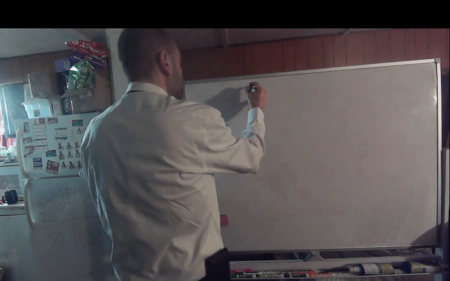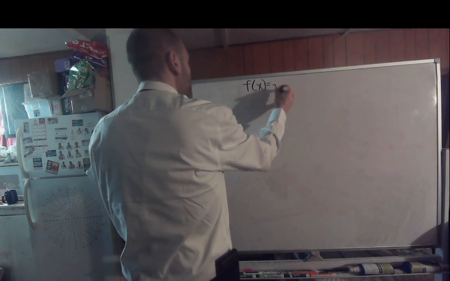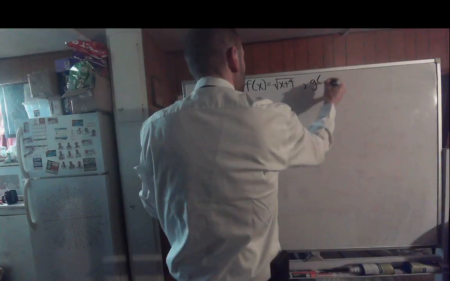All right. We have f of x equals the square root of x plus 4. Then we have g of x is equal to x squared.